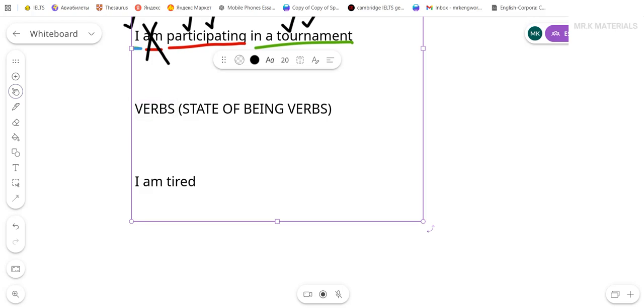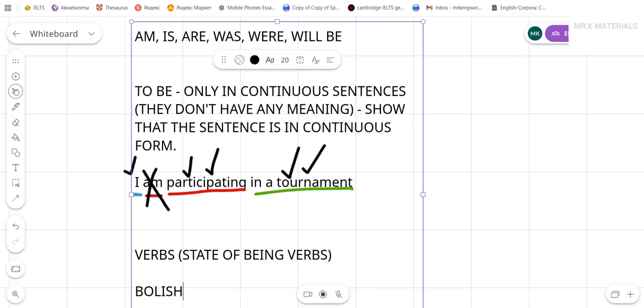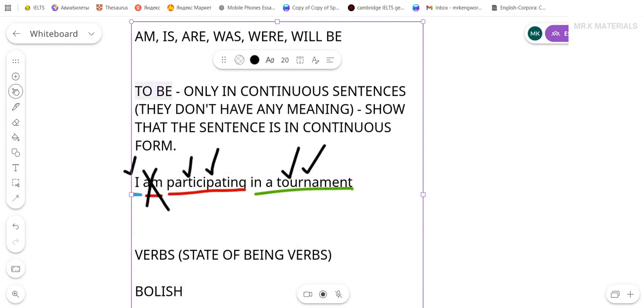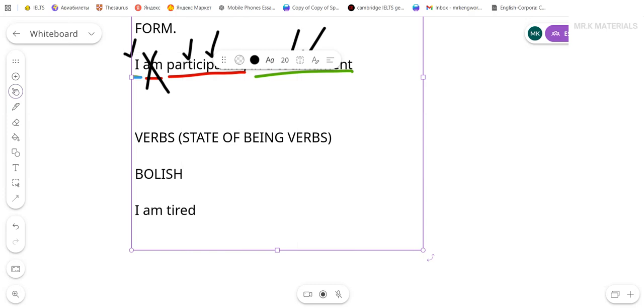The meaning here is usually "bo'lish". When it's to be, don't learn it like "to be bo'lish", it's just structure. When am, is, are are verbs, then it has a meaning. In Russian, that would be являться, или бывать.